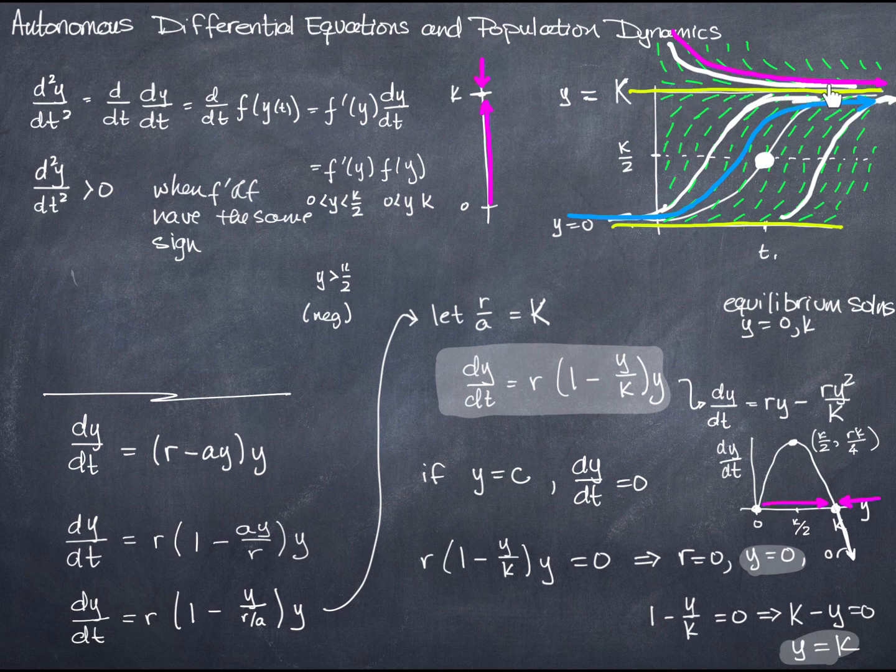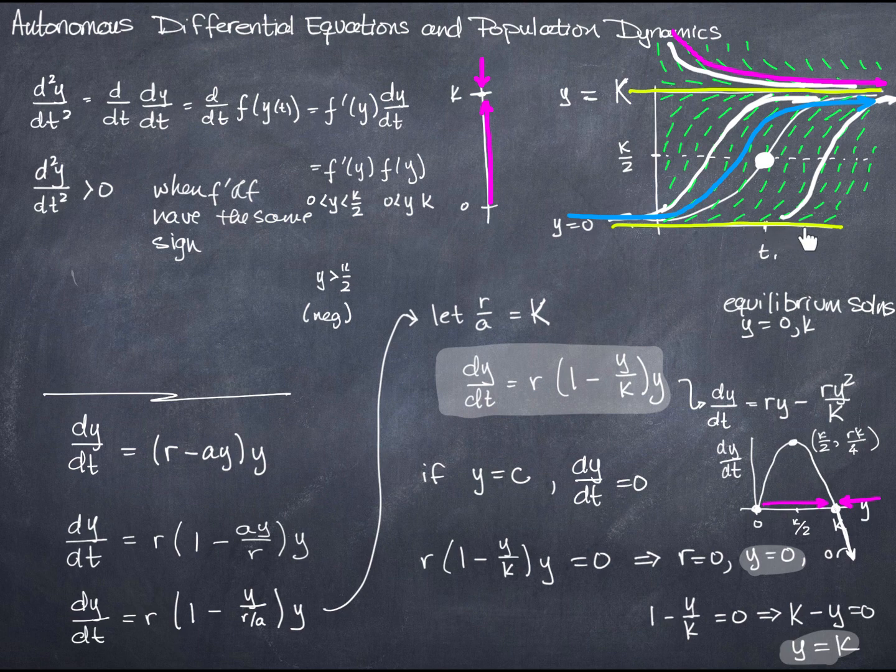We call that a stable equilibrium because we're always moving towards that number. If you drop 100 deer in a field and the carrying capacity is 1,000, then when we get close to 1,000, we're going to approach 1,000 and not go any higher. Or if you drop 1,500 deer into that field, then some of them will die off and we'll still approach the population of 1,000. So this is called a stable equilibrium.